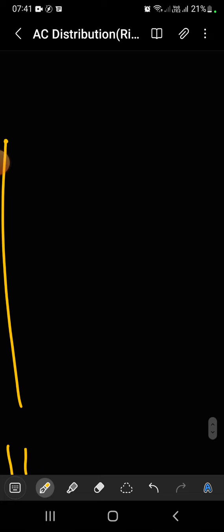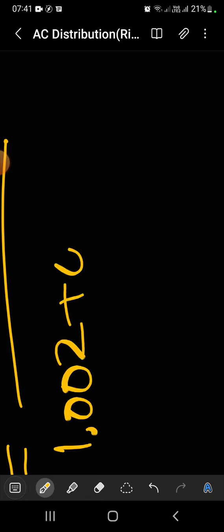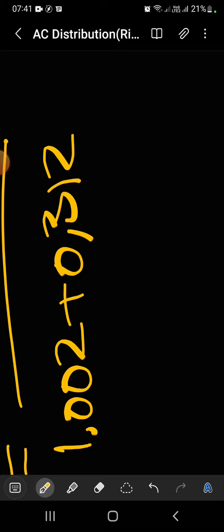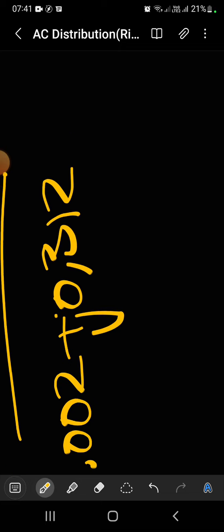Z Thevenin, converting it to rectangular, is 1,002 plus j0,312. You have j there, right? You're going to add it with the regular 0,39 at an angle of 15.